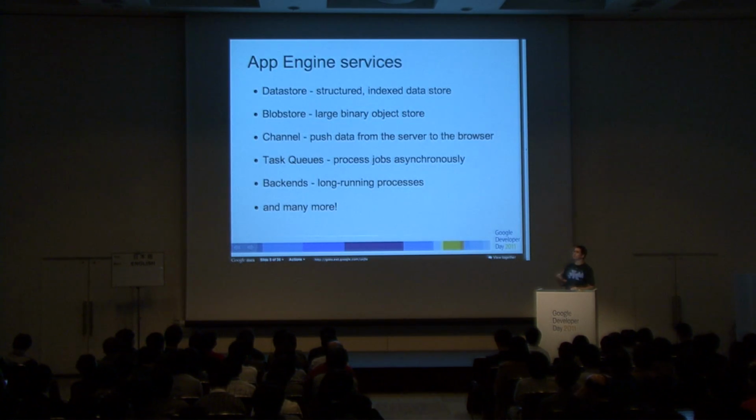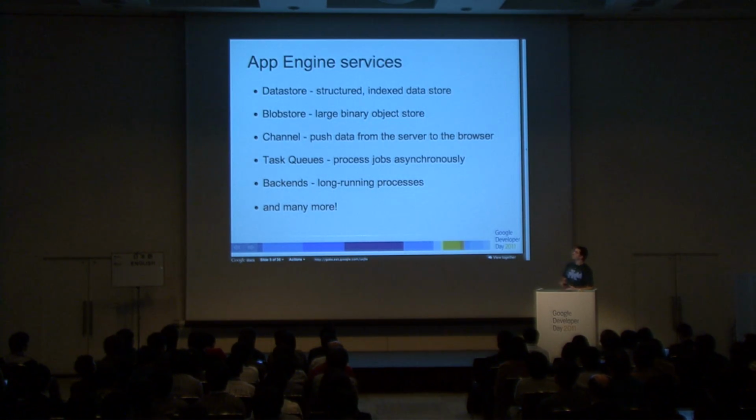App Engine has a number of built-in services. The biggest and most fundamental of which is the data store, which is an indexed data store, kind of like SQL, but has a different set of trade-offs. There's the blob store, which is used for storing large binary objects.